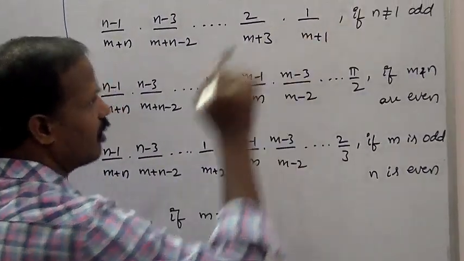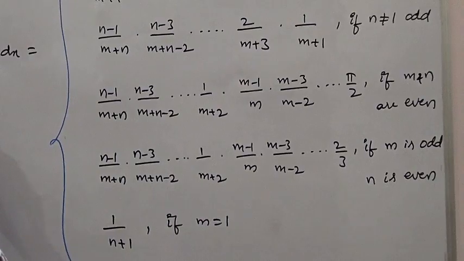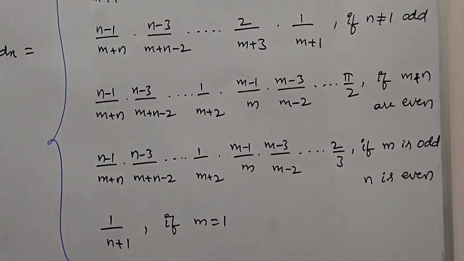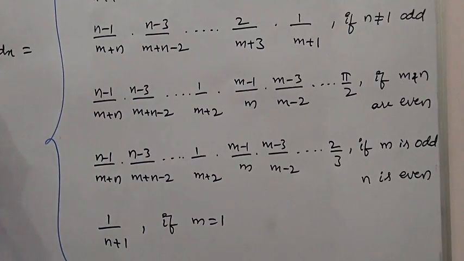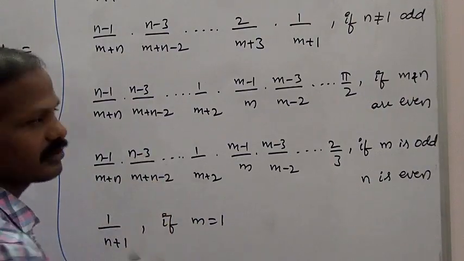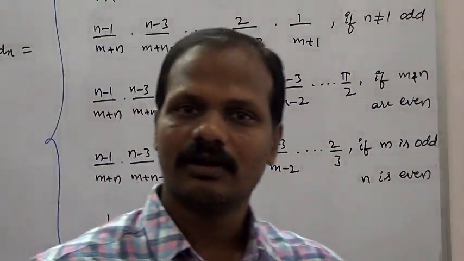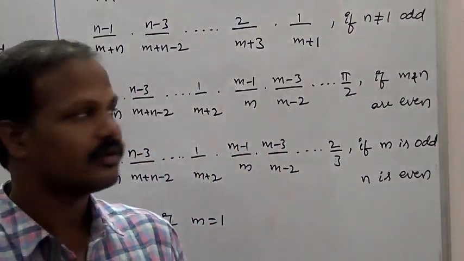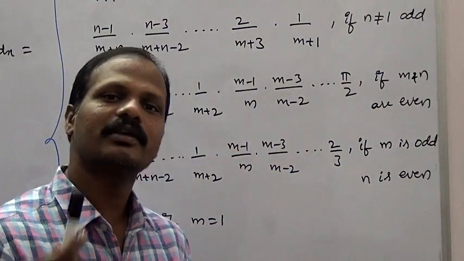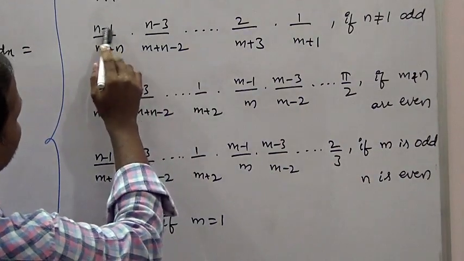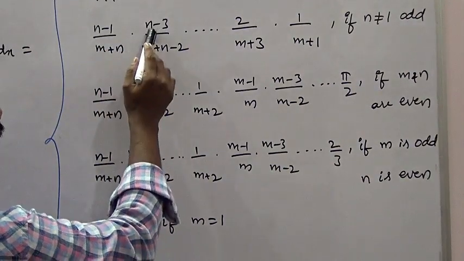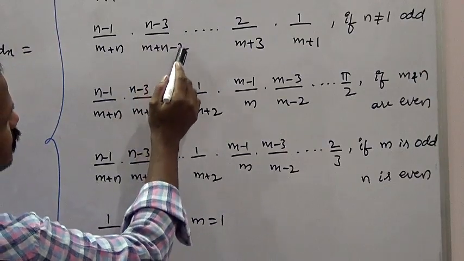If n is odd, then the reduction for this one is, see, you start from n always. So n minus 1 by m plus n. So successive reduction, that is make a difference of 2 in numerator and denominator successively. So n minus 1 by m plus n into n minus 3 by m plus n minus 2.